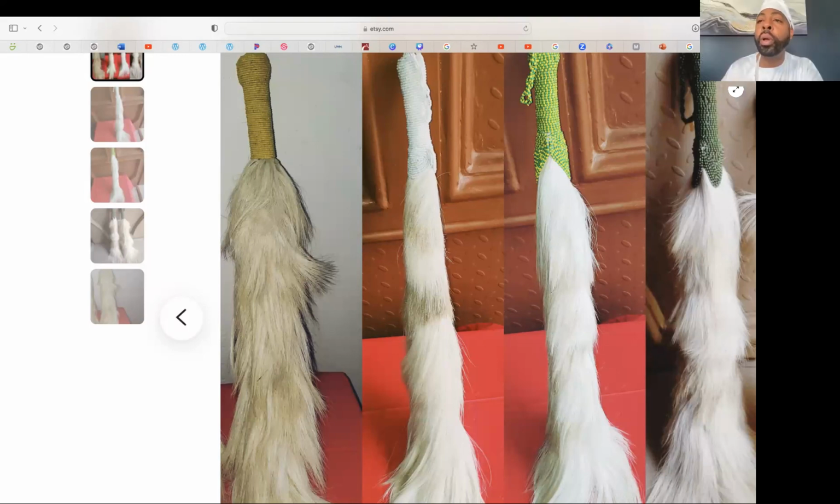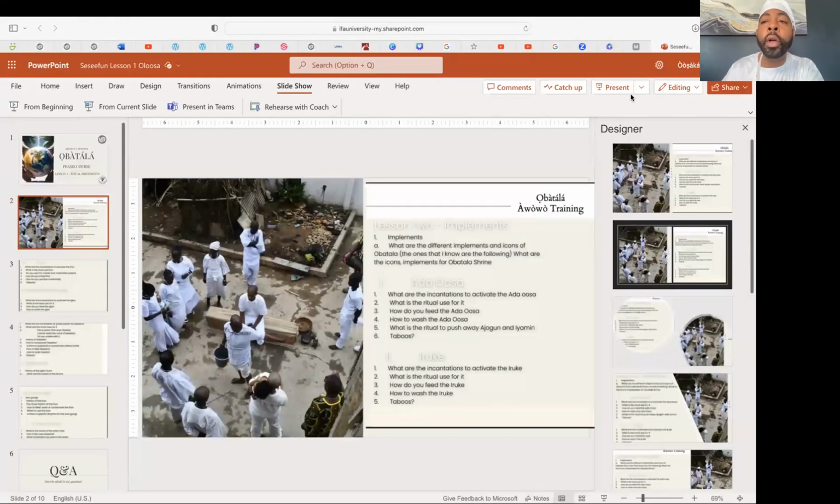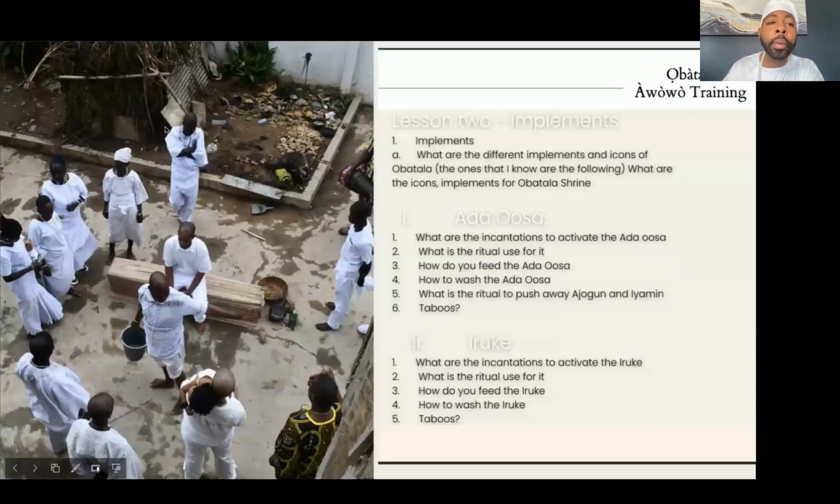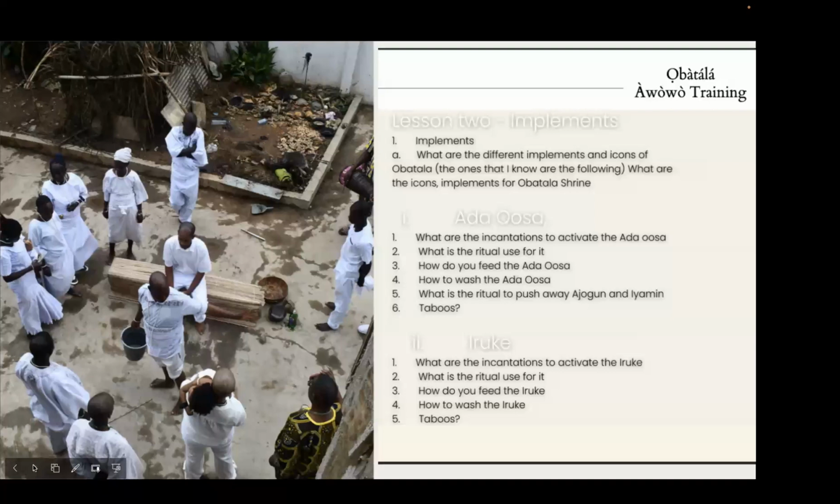Is that with general practitioners just in general, or is that related to someone who has received some type of rights or some type of title, or is this something that every Obatala practitioner should have? It's what Ọbàtálá practitioners should have. It is what they need to be holding while they are going outside.